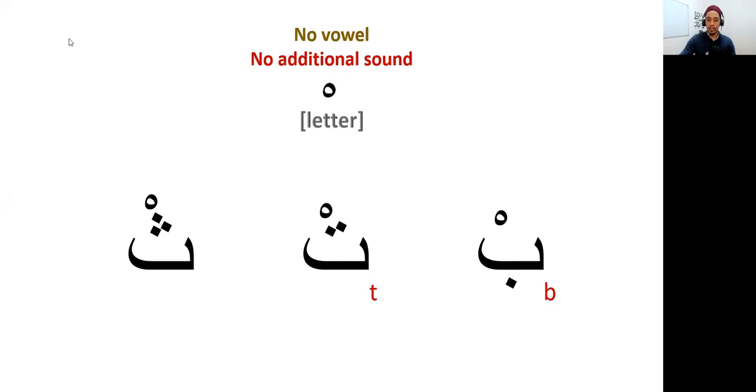nothing extra. Okay. Now we most probably want to talk about the vowels, right? Because the vowels are basically additional sounds, right? So if you think about it, this guy over here, the circle, is actually the general, or the basic, or say the original rule. The original rule is that the letter has no vowel.